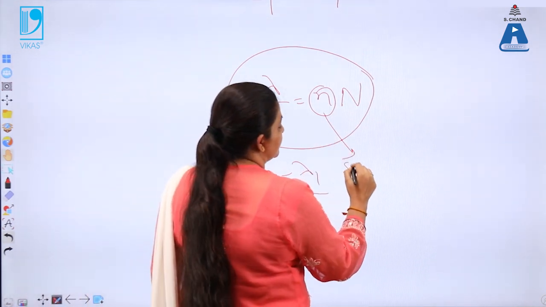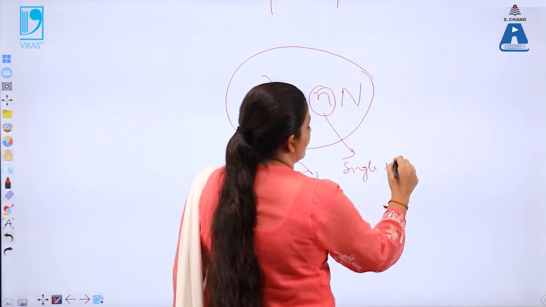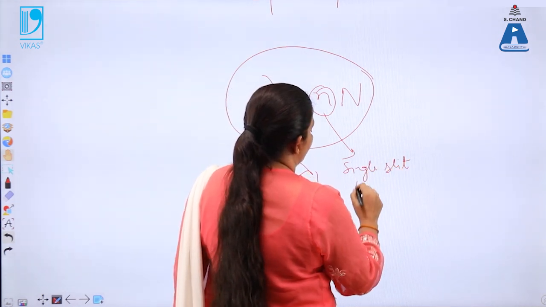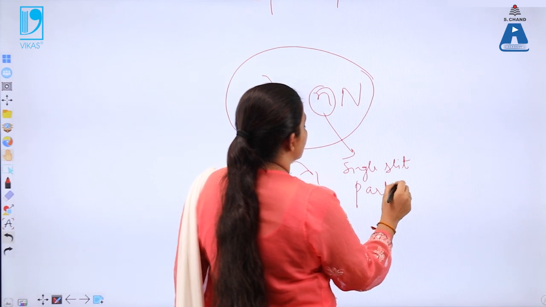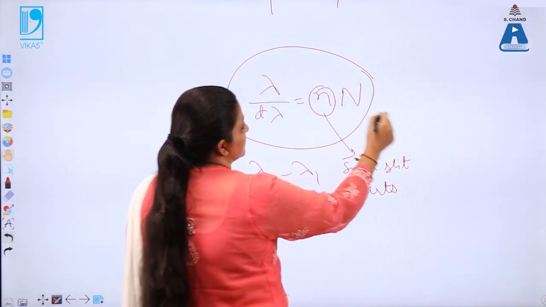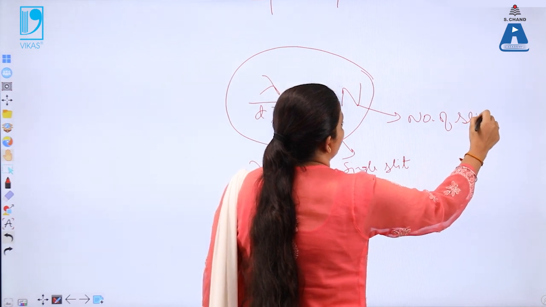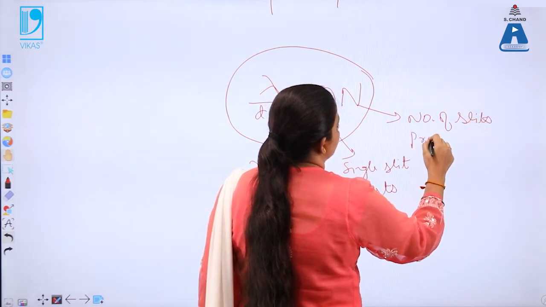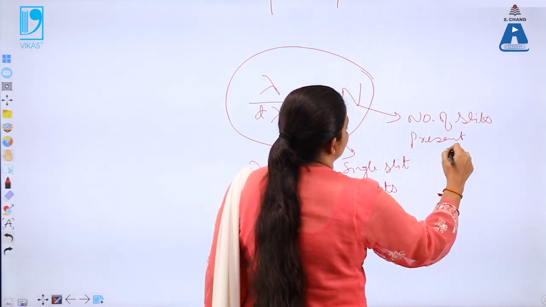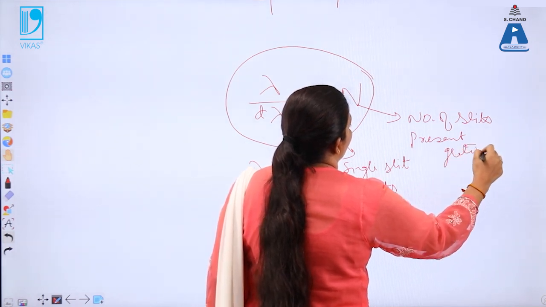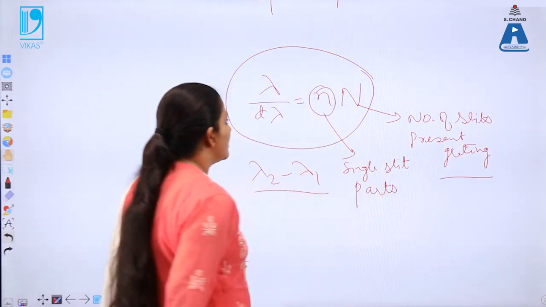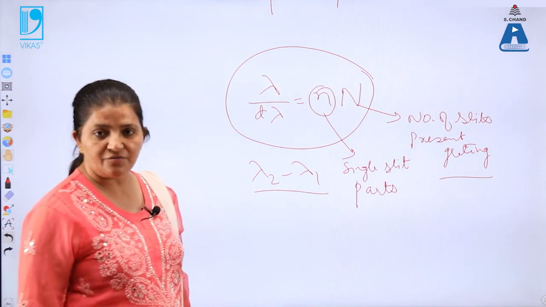That is the parts of the single slit, which is given by small n. What is capital N? That is the number of slits present on the grating. So by using this formula, we are able to get the resolving power of the grating.